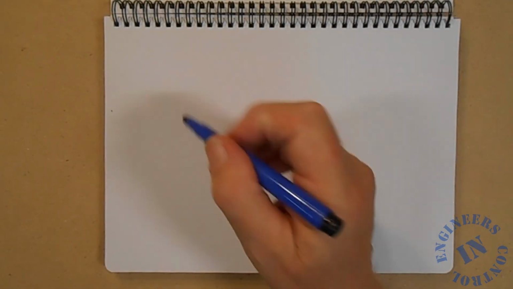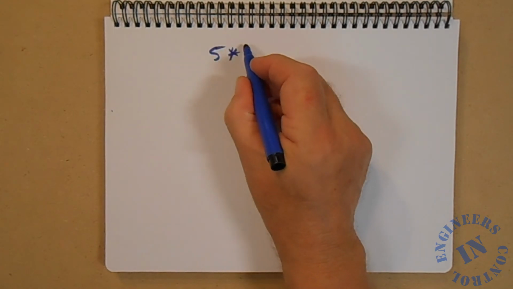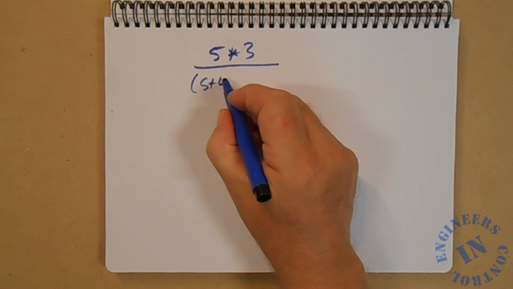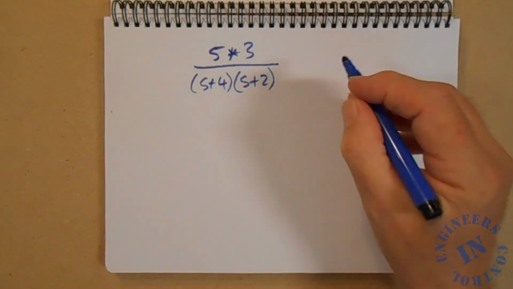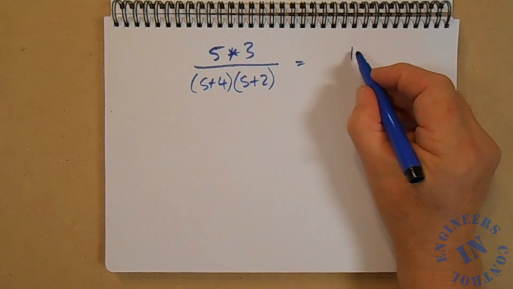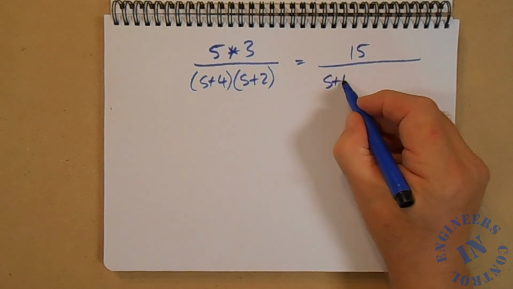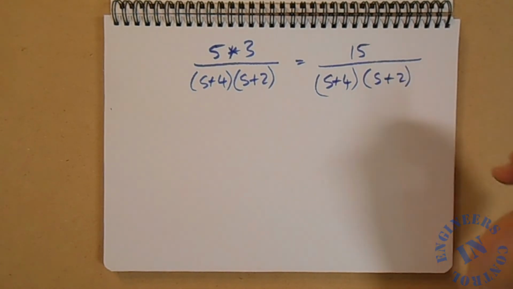And so let's start again with what we had there. 5 multiplied by 3 over S plus 4 multiplied by S plus 2, which is 15 over S plus 4, S plus 2.